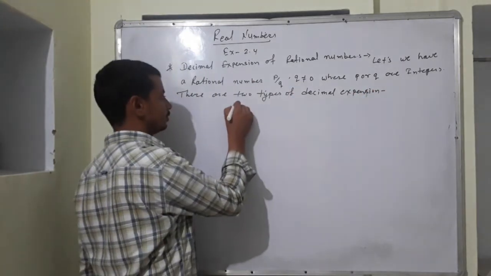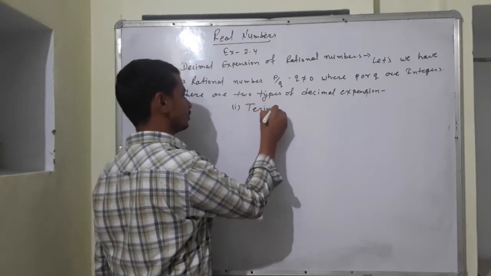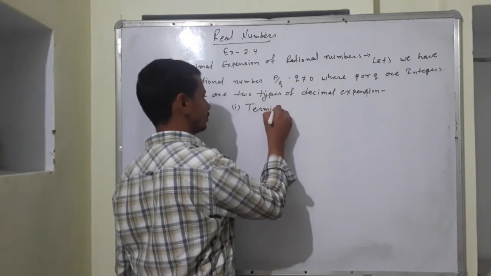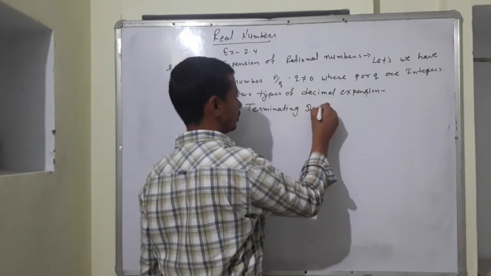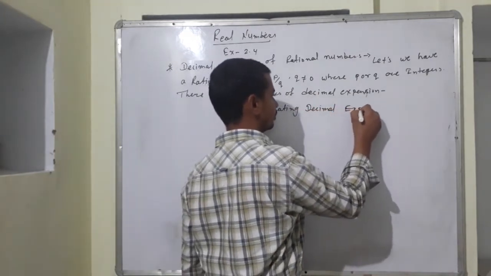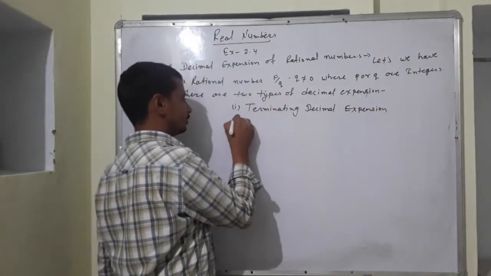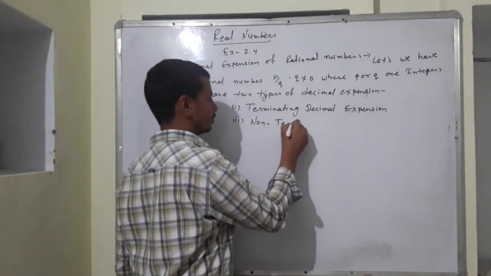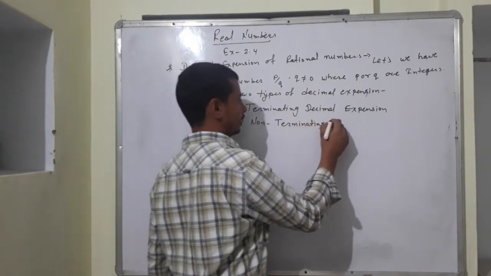First is terminating decimal expansion, and second is non-terminating decimal expansion.